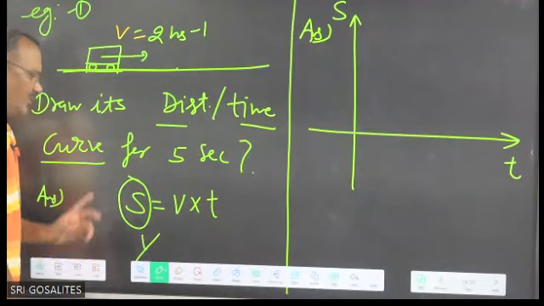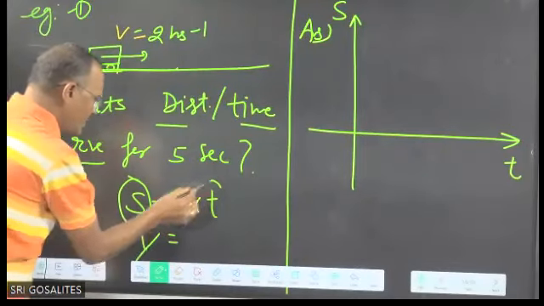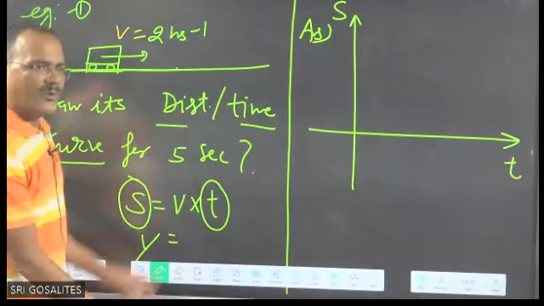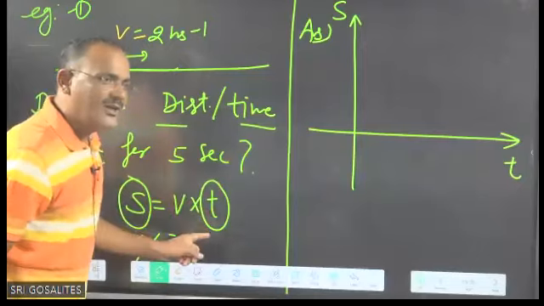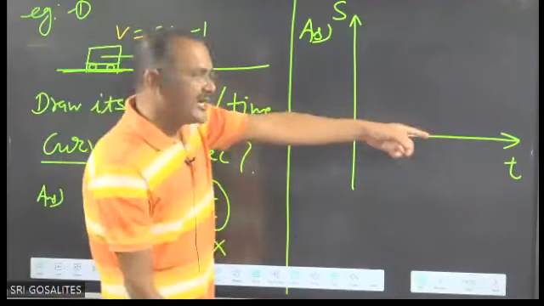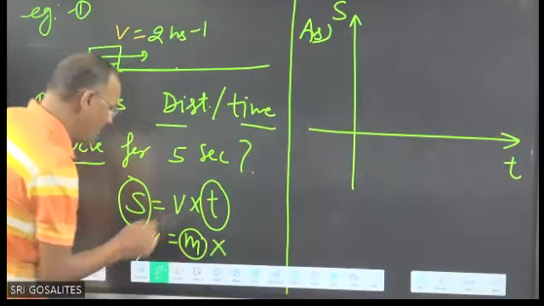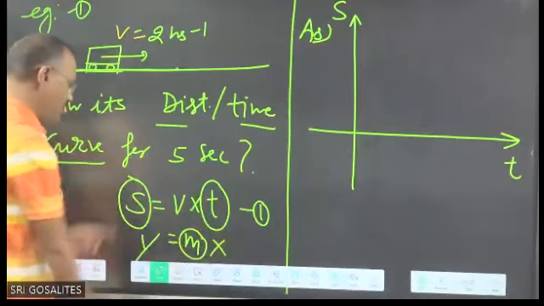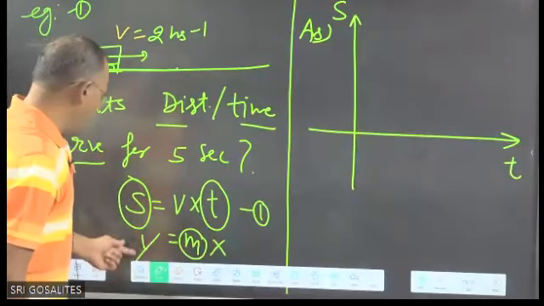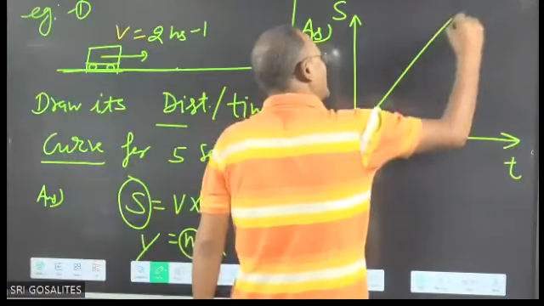For me it is y because I am plotting the distance over the y-axis. What do you see here? This is t. For me it's like x because I am taking the time on the x-axis. This is like a slope m. So we can compare s equals vt with y equals mx. So this will be a straight line.